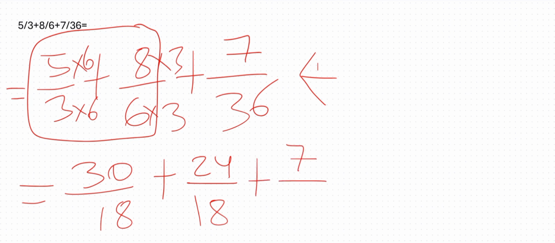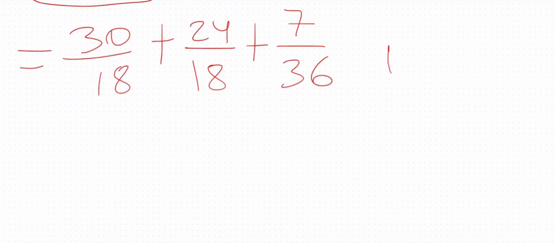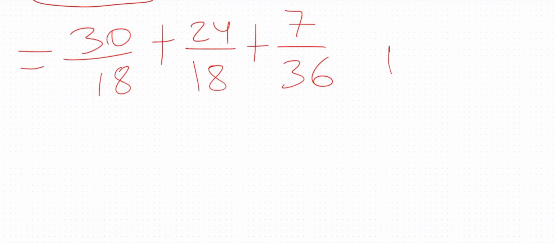Now we just add the second part, because we don't want to forget that we still have 7 divided by 36. So we bring it down a bit to have more room here. Equal sign. Now we see that 36 is double of 18, so we make sure that 18 becomes 36.